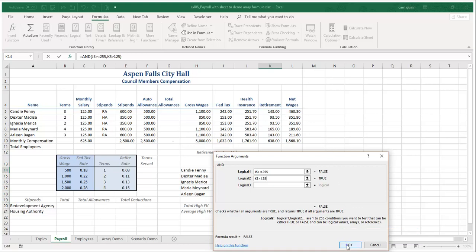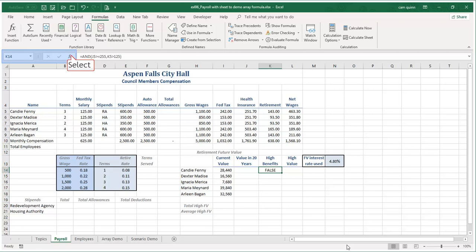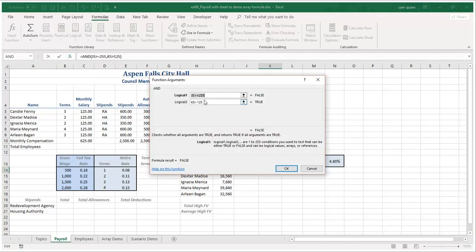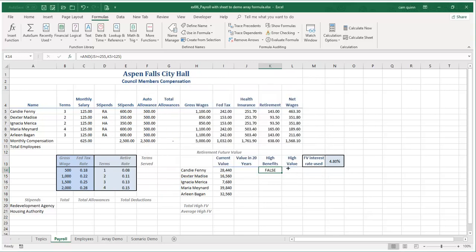So there's my formula: J5 is greater than or equal to 255, and K5 is greater than 125. I'm going to copy that down, and you're going to see that the last two people return true, because her health insurance cost is $503, which is more than 255, and her retirement is more than 125.